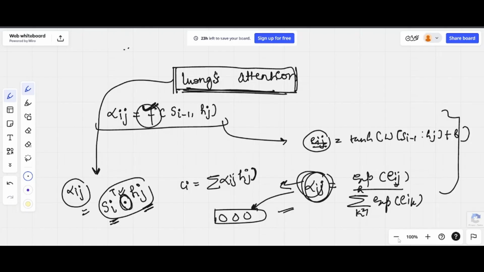If the dot product is high, it's a big number, that represents that these two vectors are very similar, right? They are very much aligned. But if this dot product output is a very small number, that represents that these two vectors are not similar, they are not at all aligned, right?